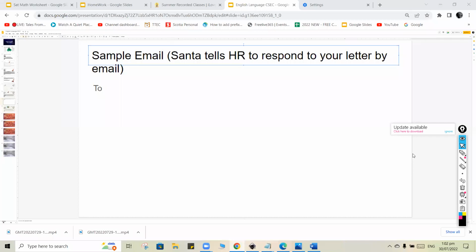Many large companies have a human resources manager or person in charge of human resources, and they might be the person who handles the applications, right?